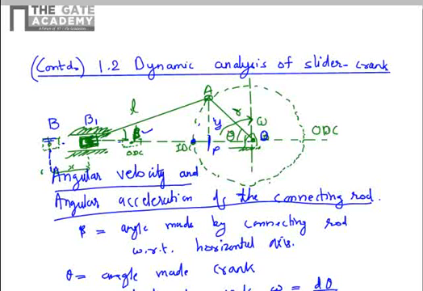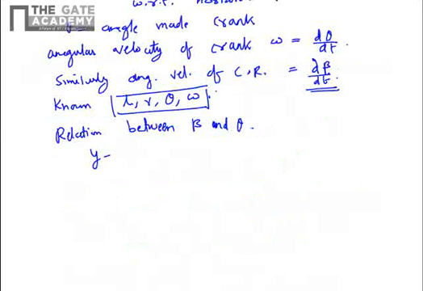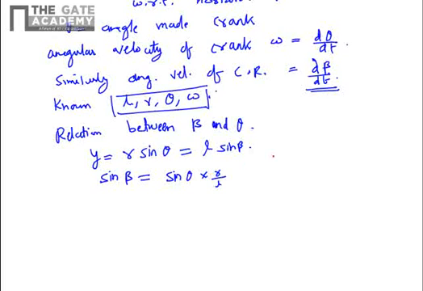So y is equal to r sine theta, and y is also equal to L sine beta. This gives us the relation between beta and theta. From this expression we get sine beta equal to sine theta multiplied by r by L. L by r was n, which we determined earlier, so this becomes sine theta by n.